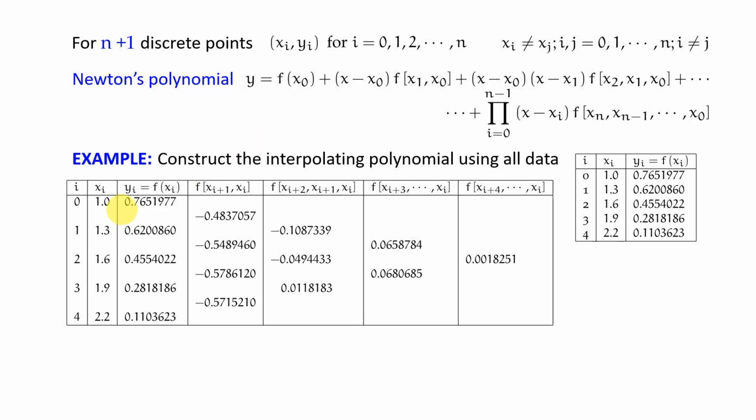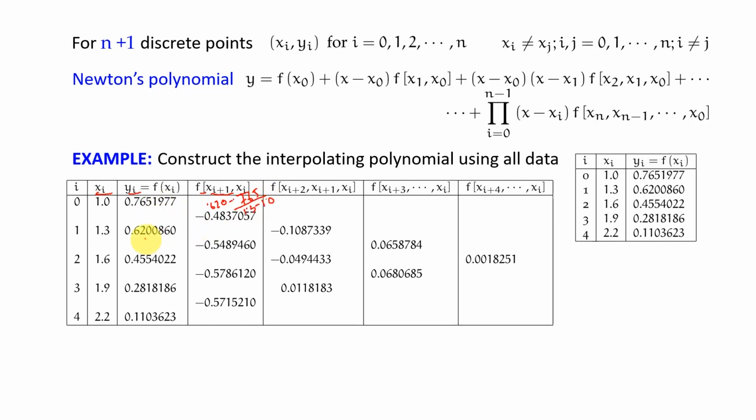Here you see that in this column I have all the values of xi, and in the next column I have all the values of yi. Then the next column is f[xi+1, xi], which means the first finite difference. How do I get the first finite difference? I take 0.620, subtract 0.765, and divide whatever I get by 1.3 minus 1.0.